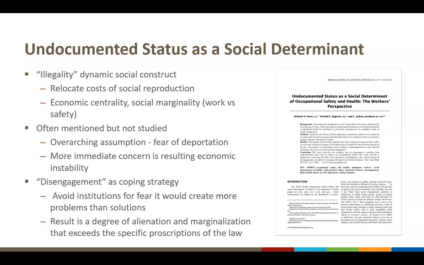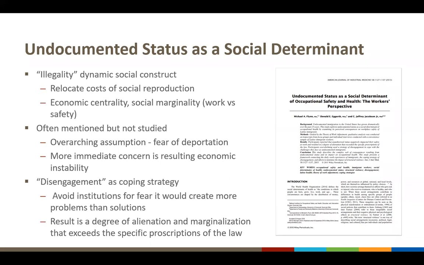And so as a way of accepting those costs of social reproduction of the labor pool, an undocumented status and the consequences of that were created to begin to eliminate eligibility, for example, to means-tested benefits here, right? And so what we see is that what's developed is really the economic centrality of the labor migrant, but their social marginality, right? And so work, versus safety, for example.